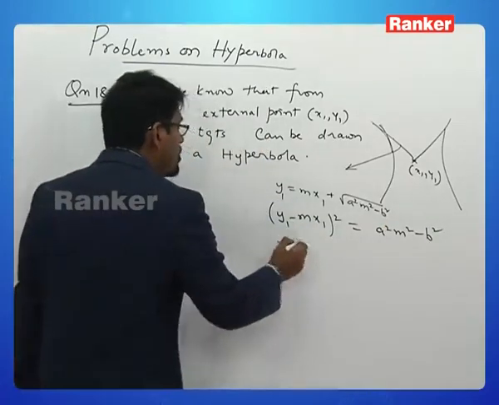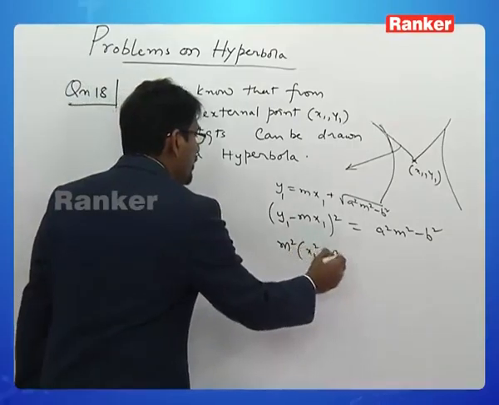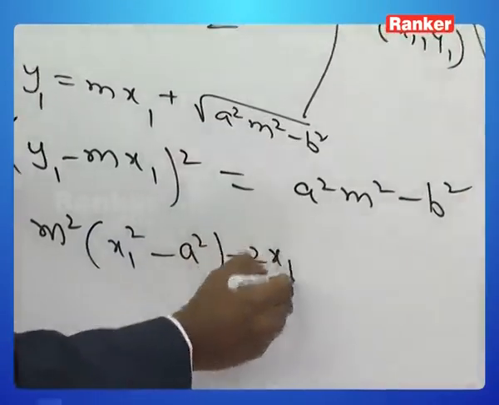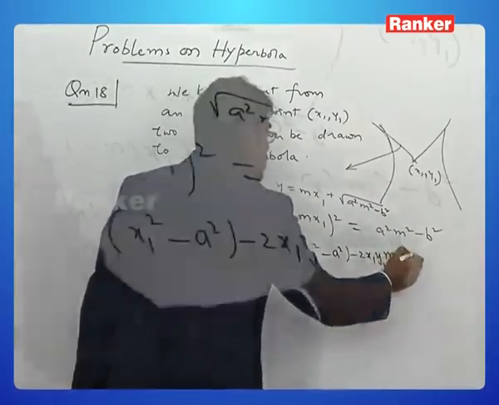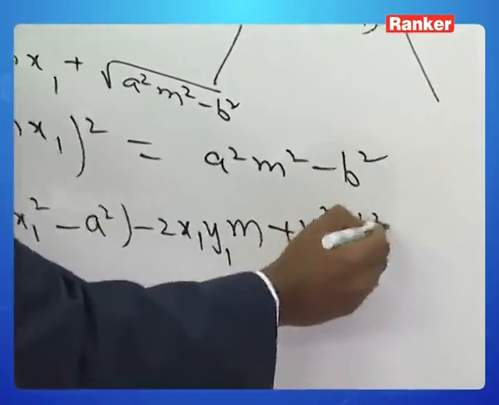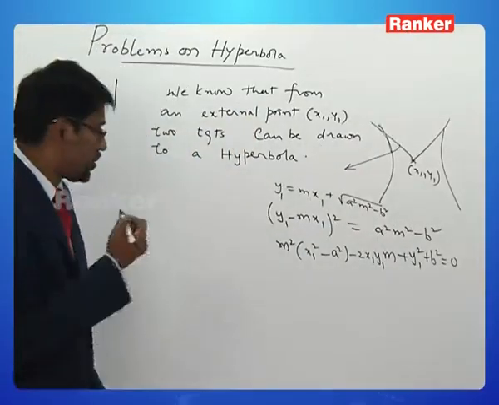Now, what do you have? M square into x1 square minus a square minus 2x1 y1 into m plus y1 square plus b square is equal to 0.